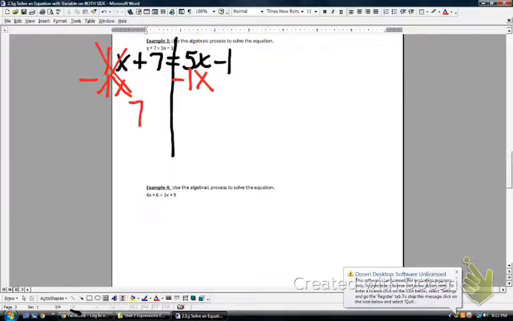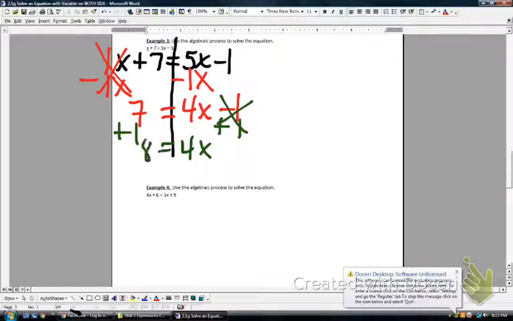It goes away from here, and I'm left with 7. 5x minus 1x is 4x minus 1. Then I have to add 1 here and add 1 here. I'm left with 4x equals 8. And then I have to undo that.